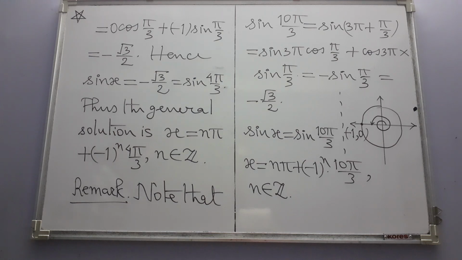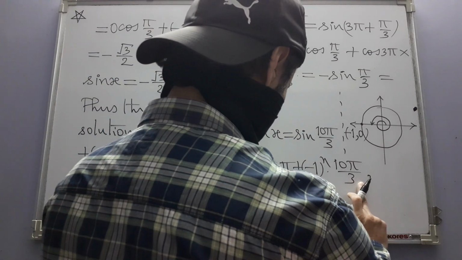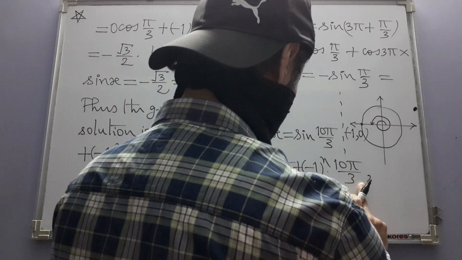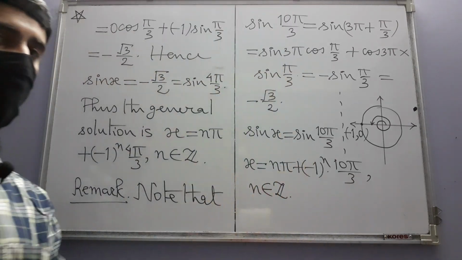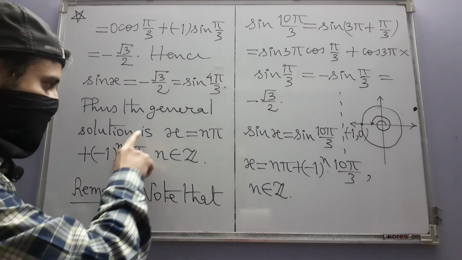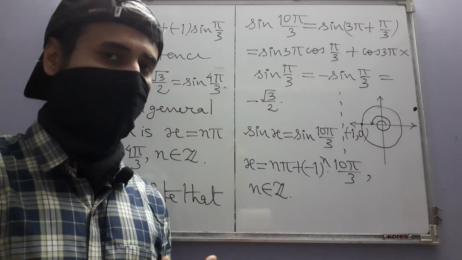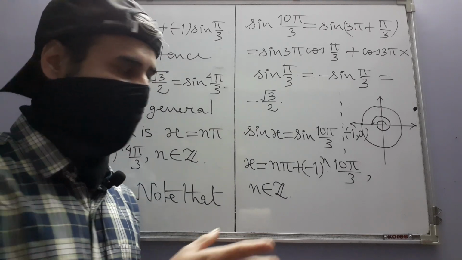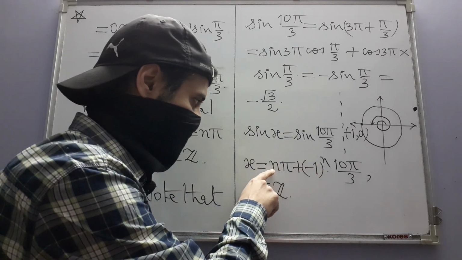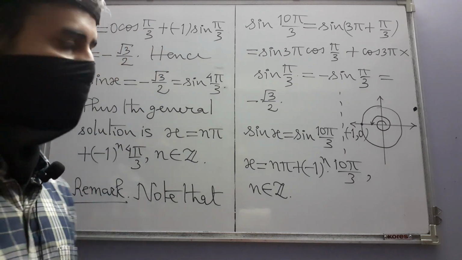What is going on? Note that this equation actually is not one value or two values of x. Just like that, this equation also is not a single value of x. Although we see one equation, that equation has a variable n.